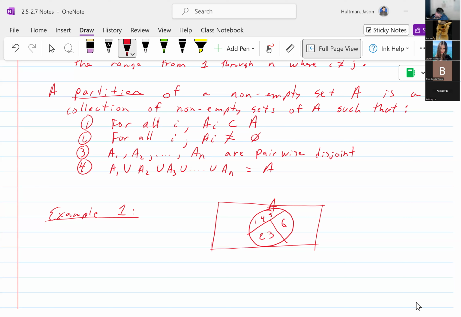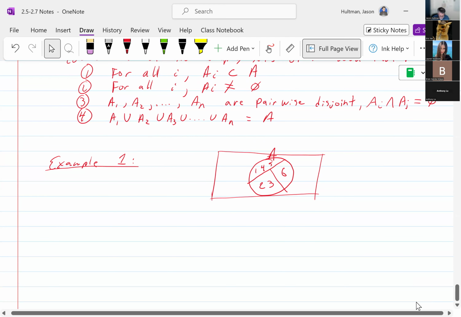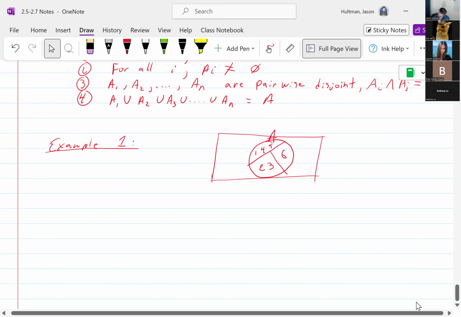We could say A sub i intersect A sub j is equal to the null set. So A1 we could say is 1, 4, and 5.